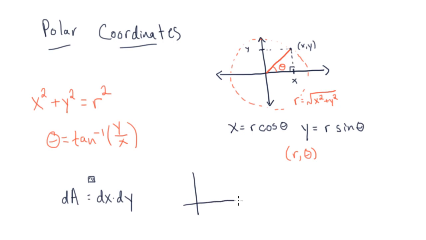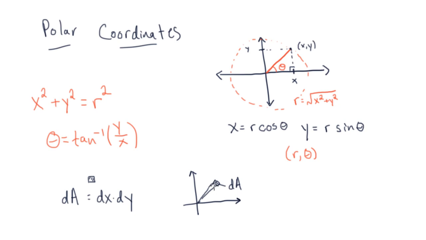Well, let's look. There's one thing that's a little bit tricky. So let's say I have a small little area region in polar coordinates, like that. Here we go. So here's my little area region, dA.